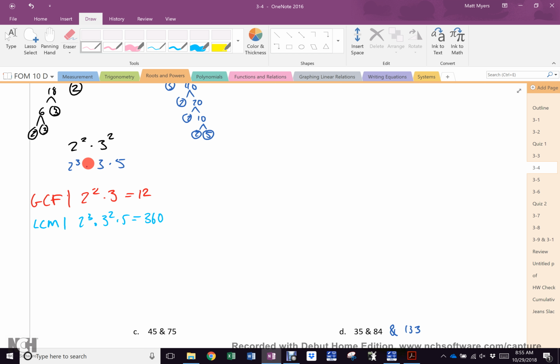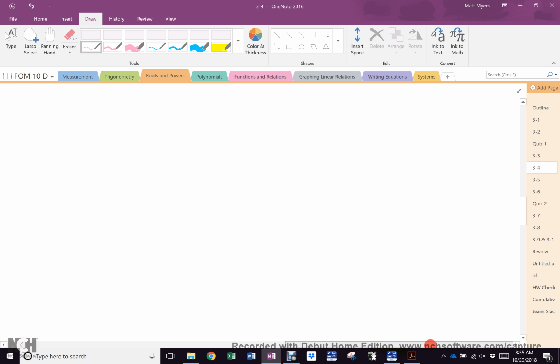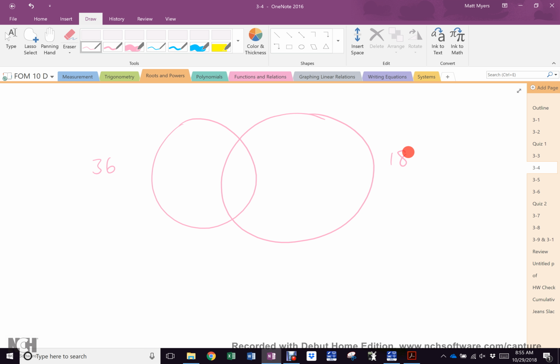Everybody cool? Now, I did notice my daughter got this weird Venn diagram thing with 36 and 18 here, and I could barely wrap my mind around it. Why would you ever do that?